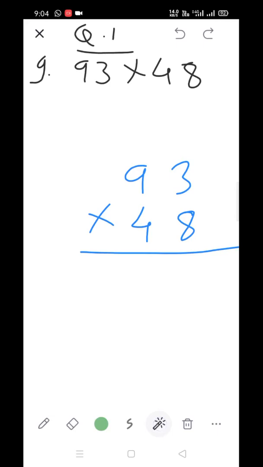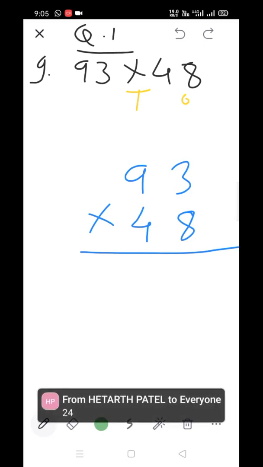Okay, so firstly we will start the multiplication of 8 with 3 and 9. Ones place, tens place. If places are added, I will write it. 8 multiplied by 3. 8 threes are 24.